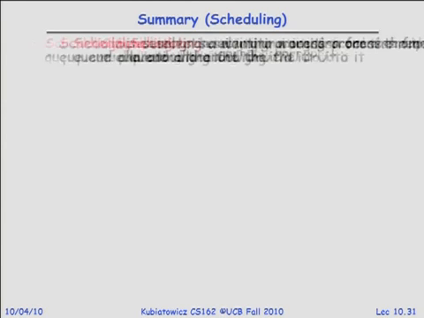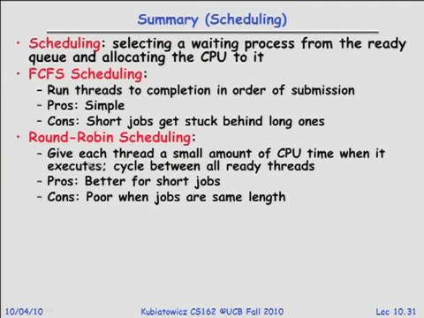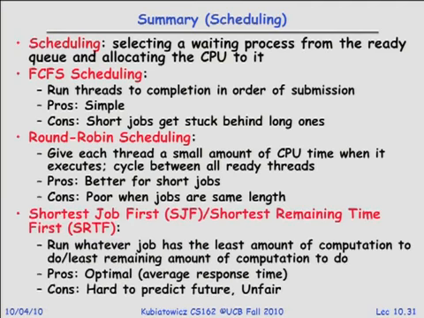First come, first serve scheduling is very nice because it's simple, but short jobs get stuck behind long ones. Round robin, giving each thread a small amount of CPU, is good for short jobs, but it's bad when you have long jobs because they end up wasting a little time. Next time we'll start talking about optimizations on top of both of these, like shortest job first and shortest remaining time first.